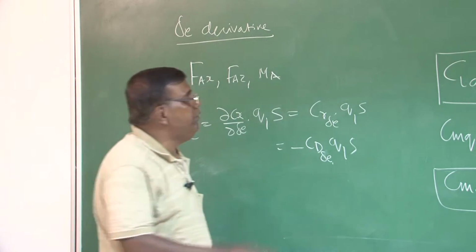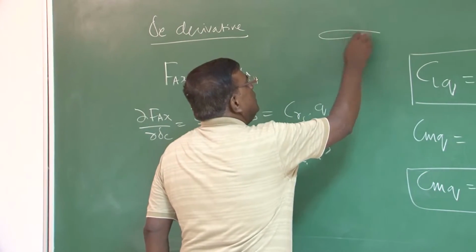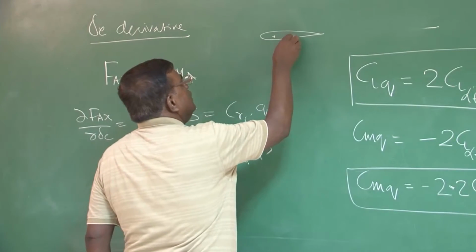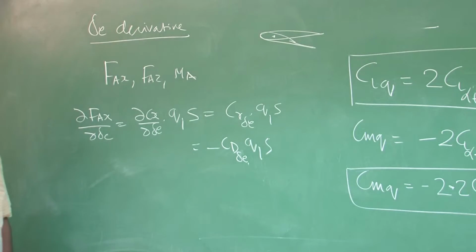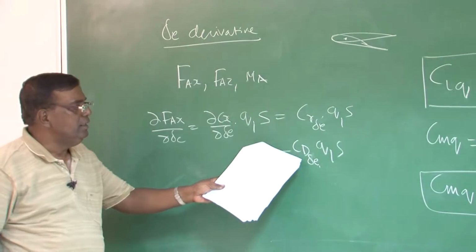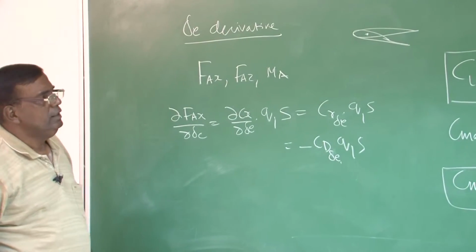See, whenever you deflect the elevator, right, definitely there is going to be a change in lift as well as drag, and that is what CD delta E is reflecting.